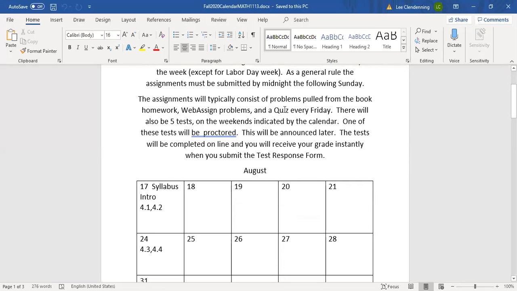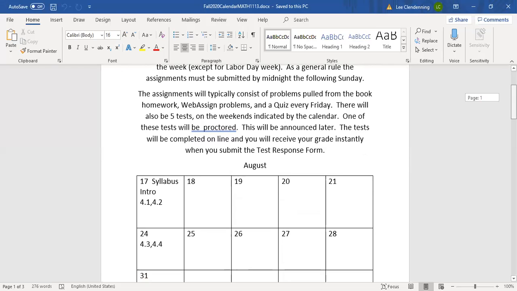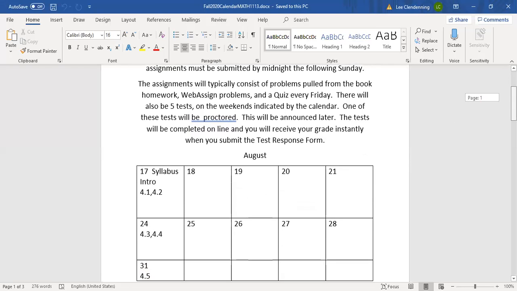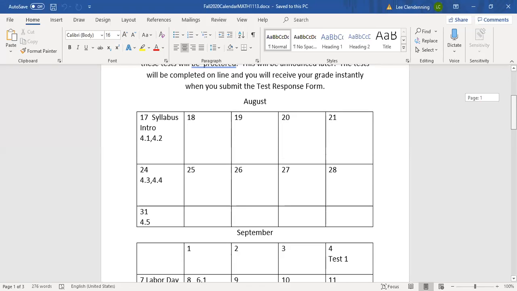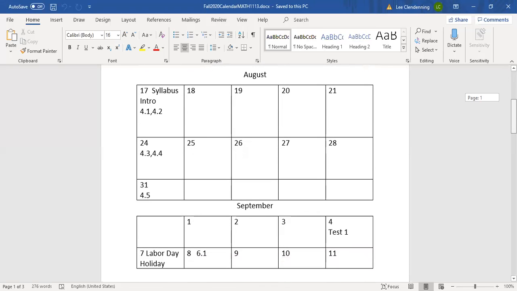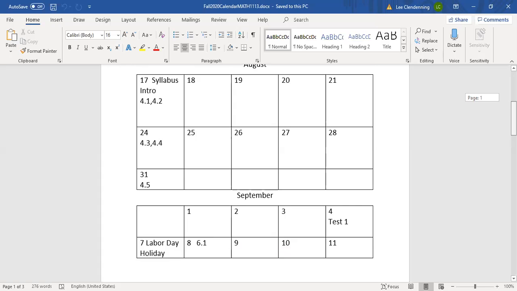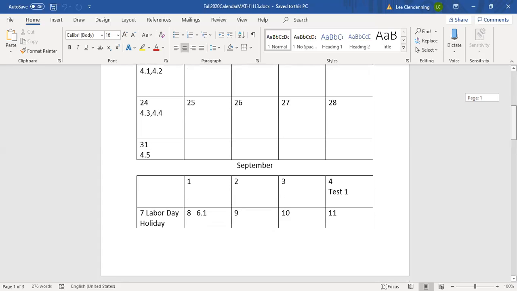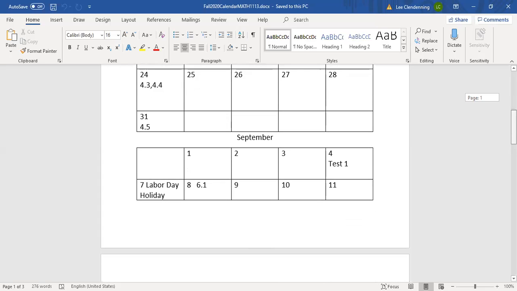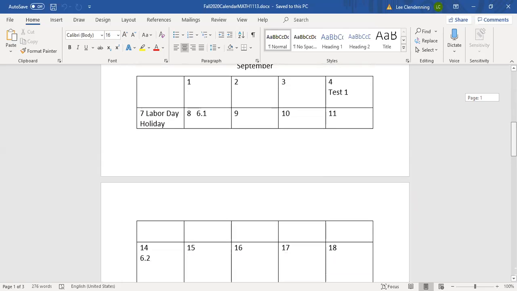There will be a quiz over the book problems every Friday. We're going to have 5 tests, one of which will be proctored, and we will announce that later. You will receive your grade instantly when you submit the form on the tests. So we've got 4.1 and 4.2 this first week, 4.3 and 4.4, then just one section on 4.5, the 31st. And test 1, September 4th.